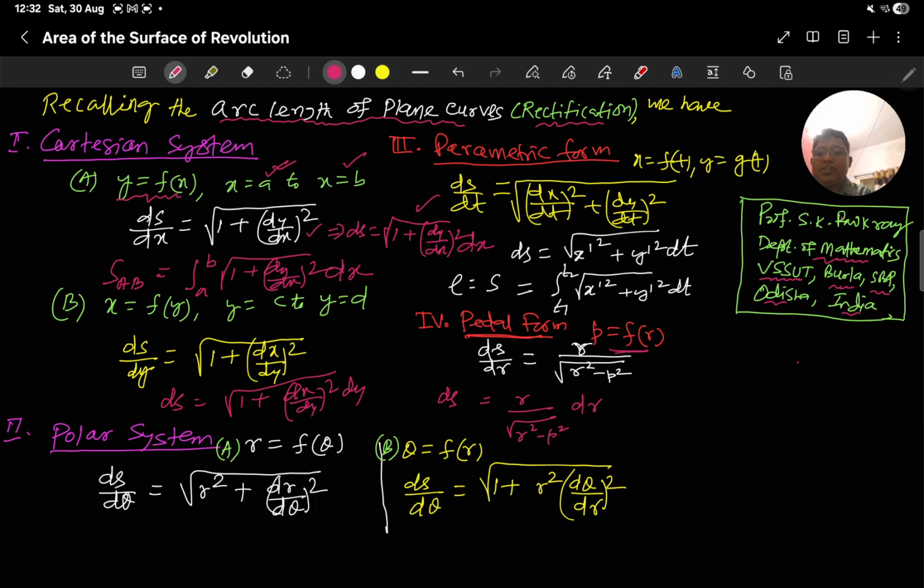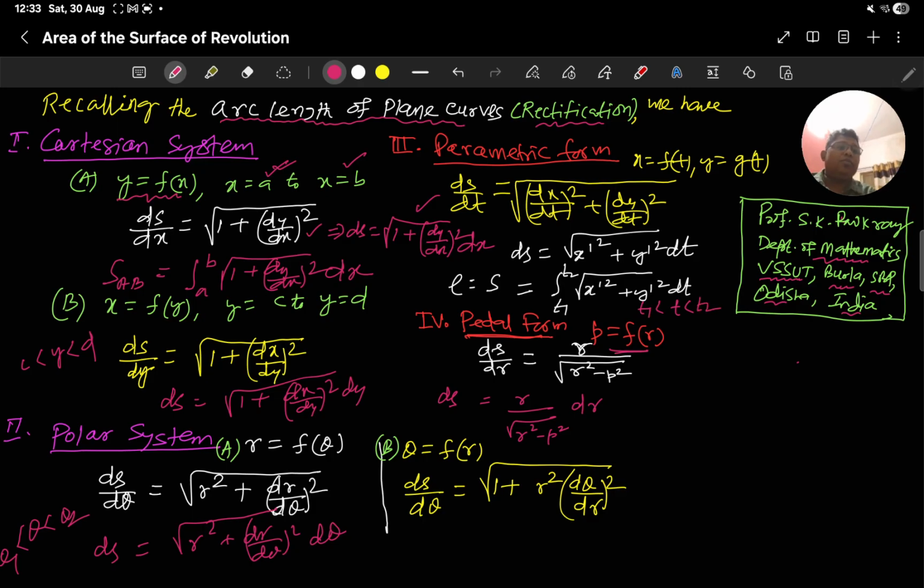Similarly, in the polar system, ds will be the square root of r square plus (dr by d theta) whole square times d theta, where theta is within the range theta 1 to theta 2. Here similarly y ranges between c to d, and t lies between t1 to t2.